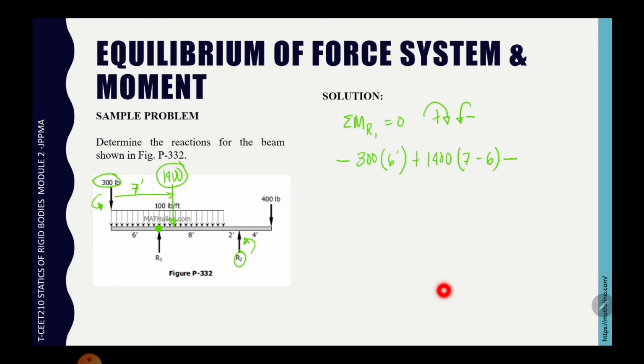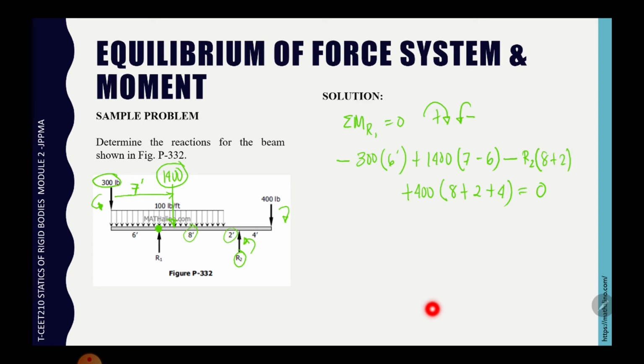Negative R2 times yung distance niya is 8 plus 2 and si 400 ang direction niya is positive. 400 times 8 plus 2 plus 4. Okay. So, to solve is equal to 0.